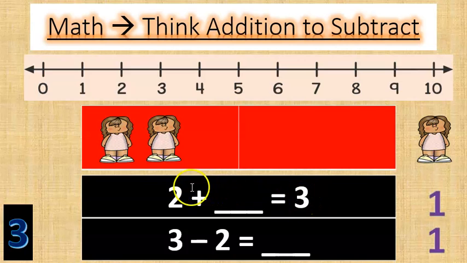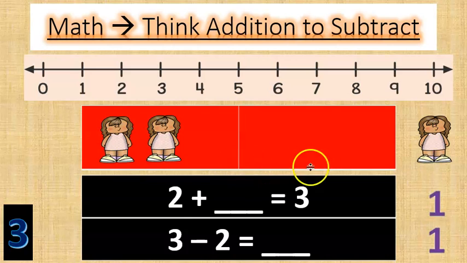Okay? Now look, what number is this? 2. Good job. So look, there are already 2 girls here. Okay? 2 girls represent that number 2. 1, 2. That's why there are 2 here.